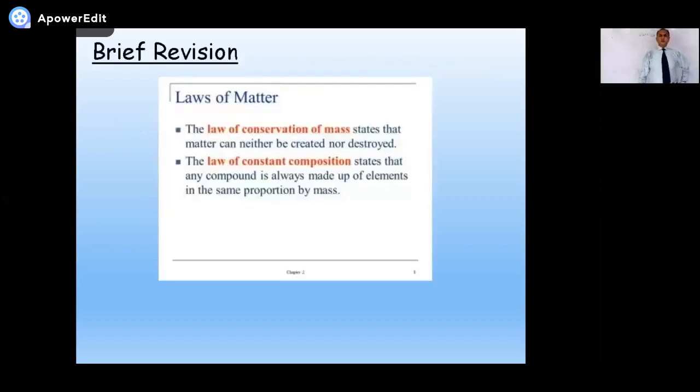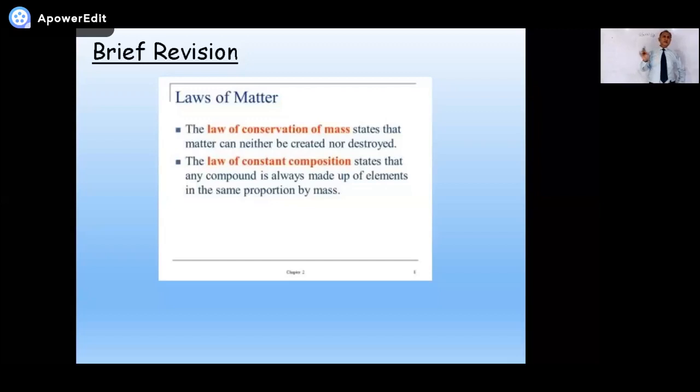What was the first law, the law of conservation of mass? Very simple. You can't create matter, you can't destroy matter. In any chemical reaction or in any physical change, the only thing that we can do is to transform matter from one form to another form. It means only rearrangement of atoms is there, but the production or the destruction of atoms is not possible.